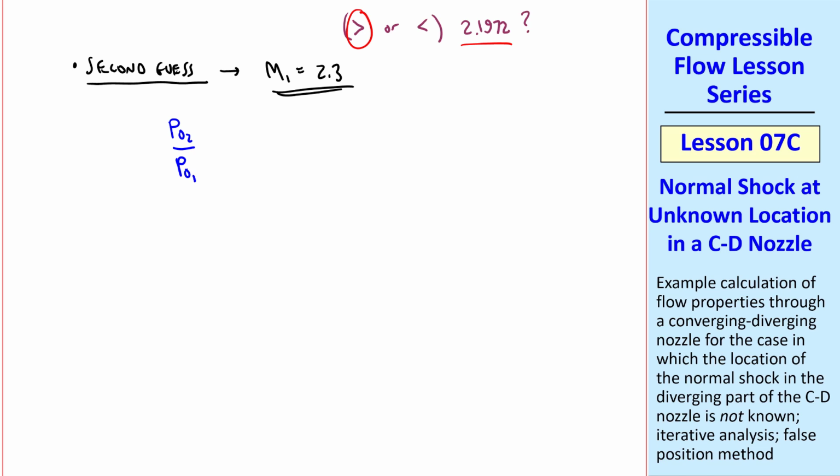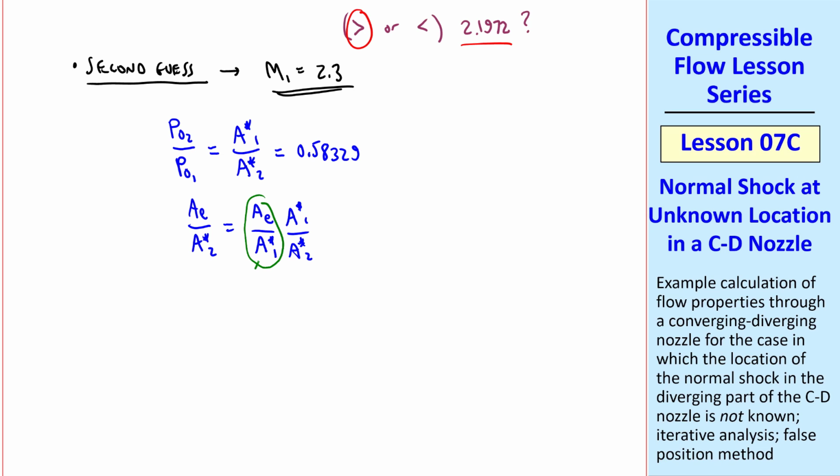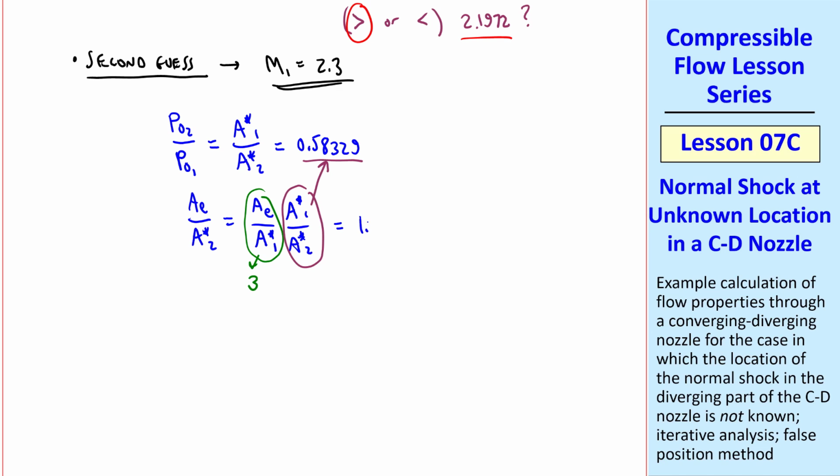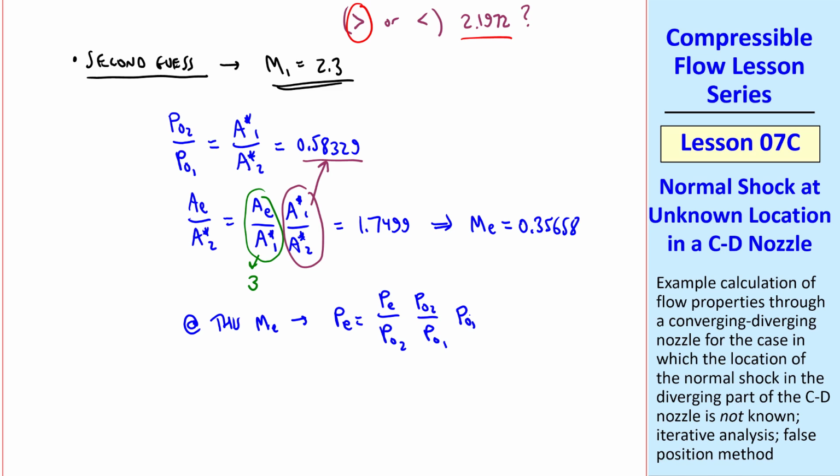For this Mach number guess, P02 over P01, which is also A star 1 over A star 2, comes out to be 0.58329, and then AE over A star 2 is AE over A star 1 times A star 1 over A star 2, where this is again specified in the problem as 3, and this we just calculated, and this turns out to be 1.7499, from which we get ME equals 0.35658 implicitly.